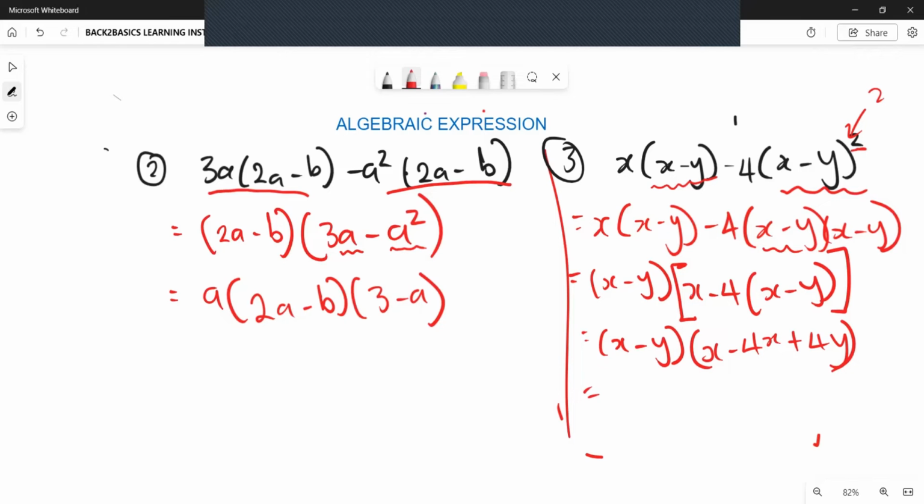Now look, you have x and then you have subtract 4x. These are like terms. So this is going to be same as x subtract y into negative 3x plus 4y. Then you have factorized this fully.